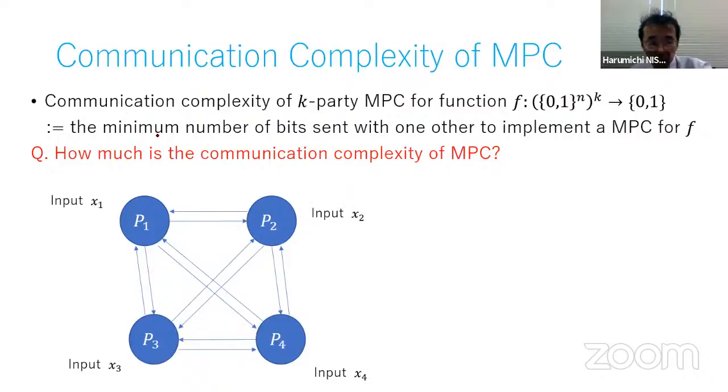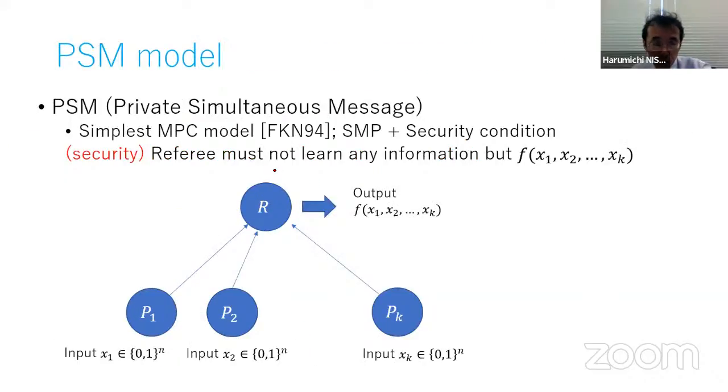So we can consider the communication complexity of this model. But the question of how much the communication complexity of MPC is, is an open problem. So Feige, Kilian, and Naor in 1994 considered the simplest model, which is similar to the SMP model.